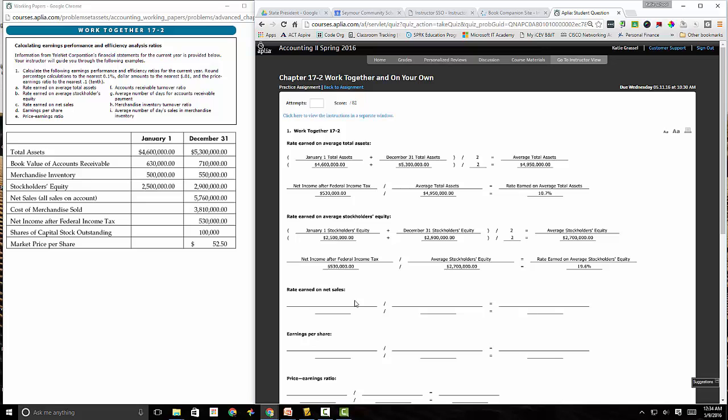My third formula is going to be my rate earned on net sales. So it has to be my net income after federal income tax divided by my net sales, which will give me my rate earned on net sales. Net income after federal income tax, familiar number, I've used that a lot, 530,000.